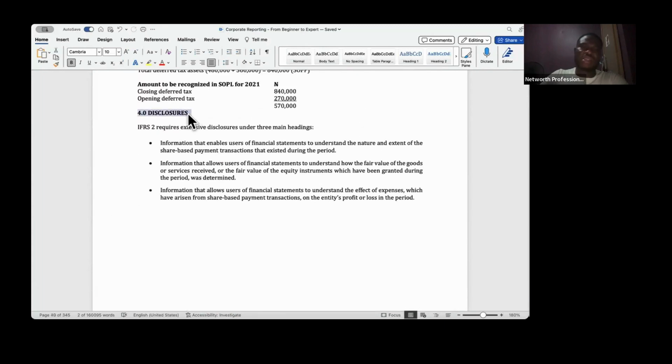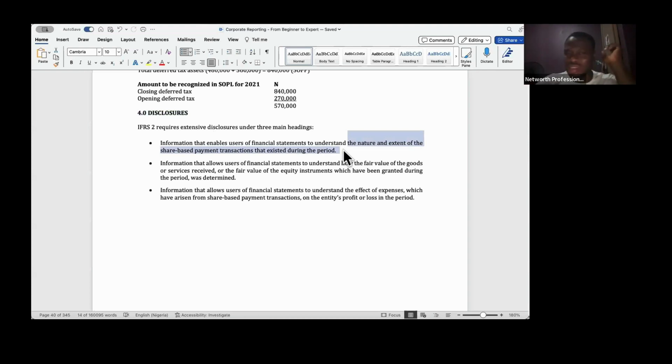Every standard has its own disclosure requirements, meaning further information you need to give to users to enable them understand what you're talking about in your figures. The main headings of this disclosure are: you need to provide information that makes the user understand the nature and extent of the share-based payments, meaning is it equity settled, is it cash settled?